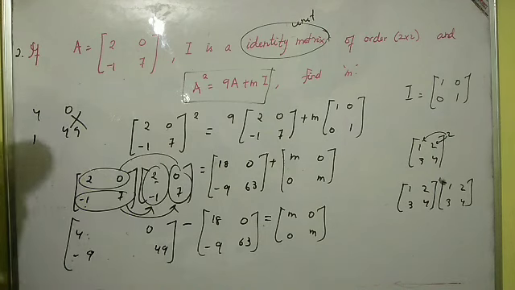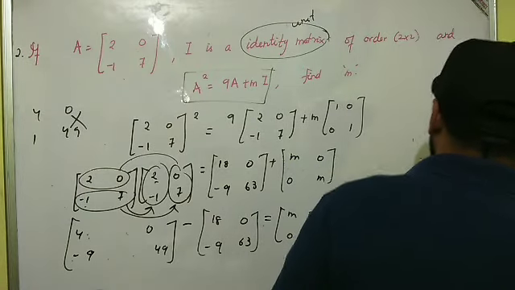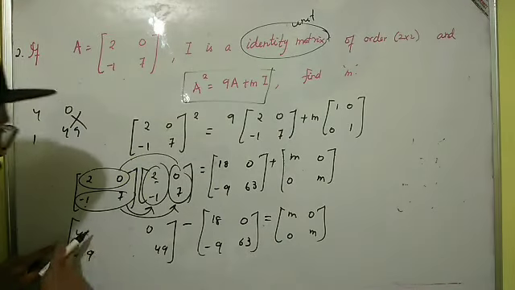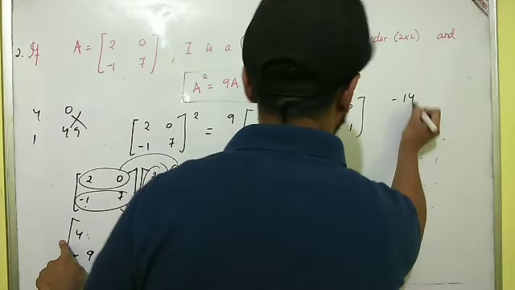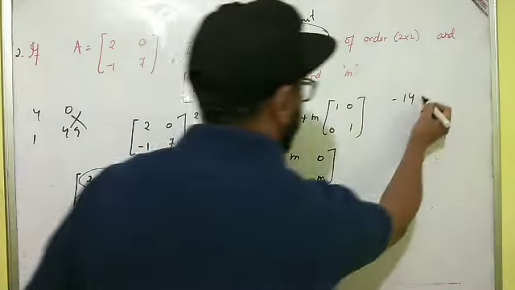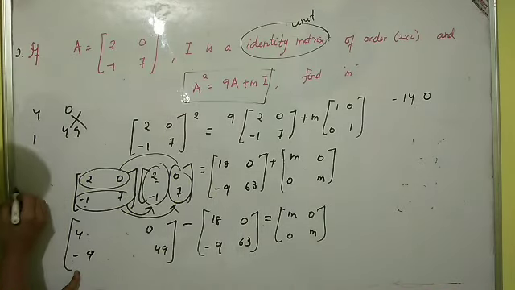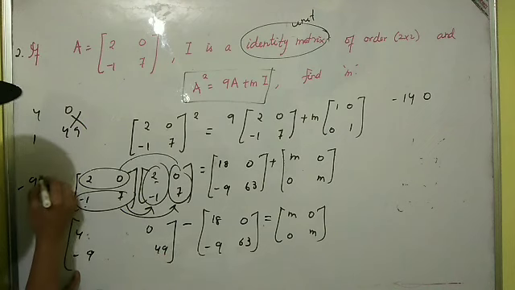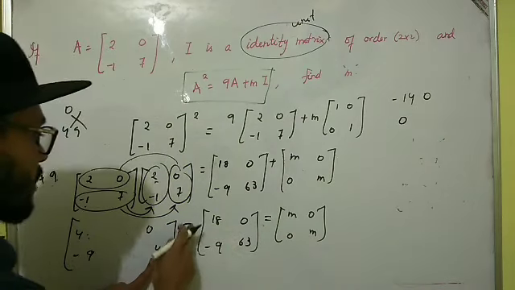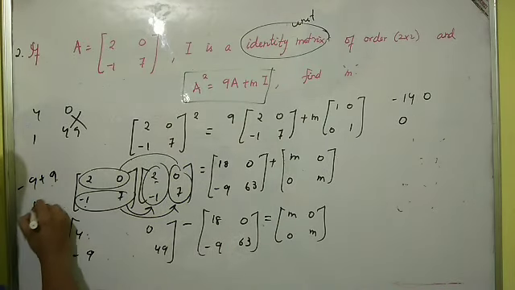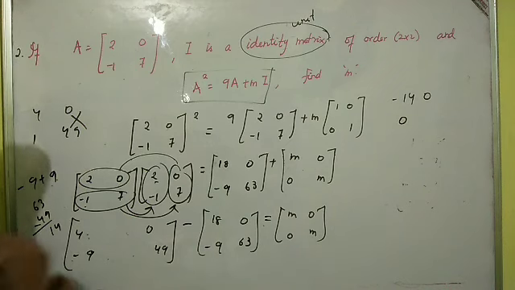Now 4 minus 18 will give you minus 14. 0 minus 0 is 0, then minus 9 minus 9: minus into minus will give you plus 9, so 9 minus 9 will give you 0, and 49 minus 63 is minus 14, isn't it?